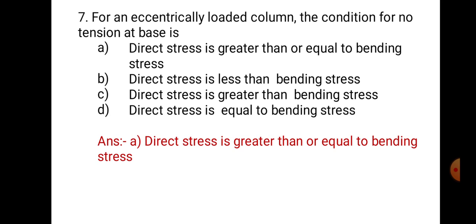Now, if the same question is slightly changed like this, for an eccentrically loaded column, the limiting condition for no tension at base, then the answer will change to D, that is direct stress is equal to bending stress. So this is how you have to think of the question and options properly. Many a time a number of options are matching, so you have to select the best matching one.